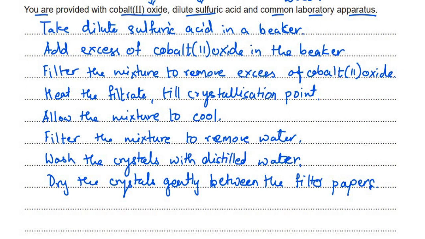So if we want hydrated crystals, we need to dry them only gently, putting the crystals between the filter papers so that the excess water is absorbed, and this is how we are going to dry the crystals. And this is how we have obtained the crystals in the dry form and the pure form.